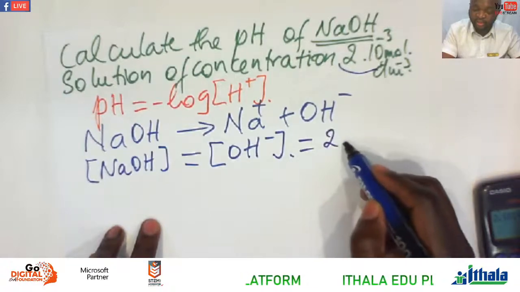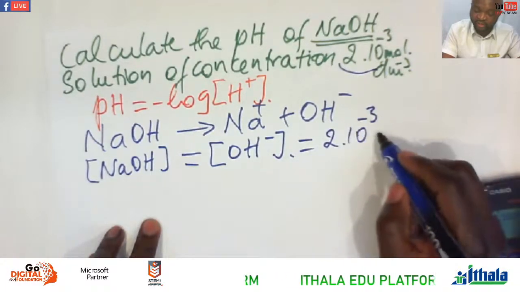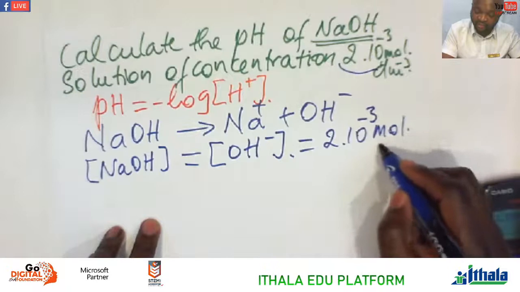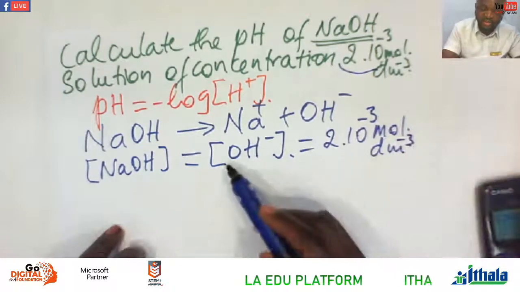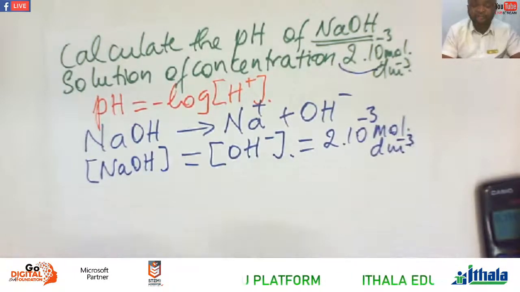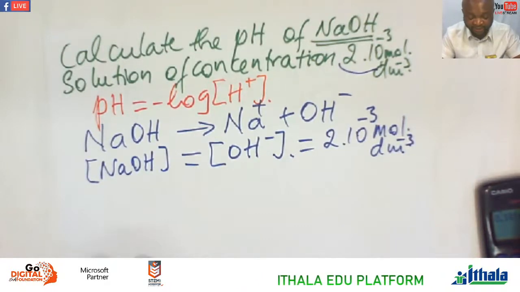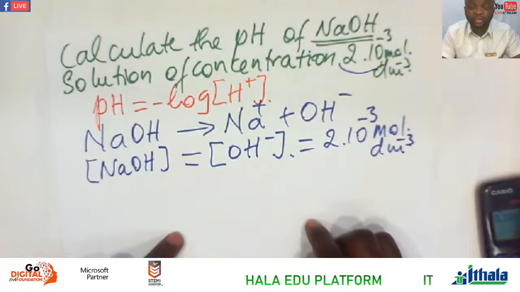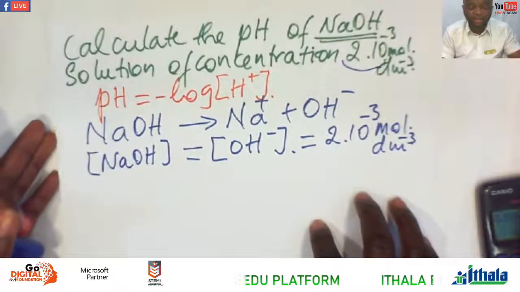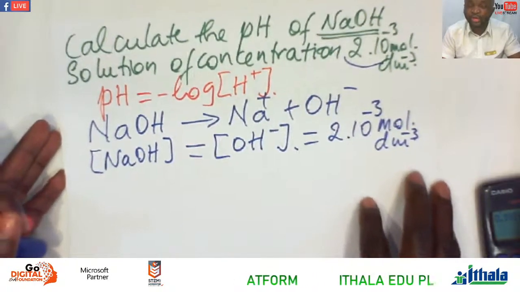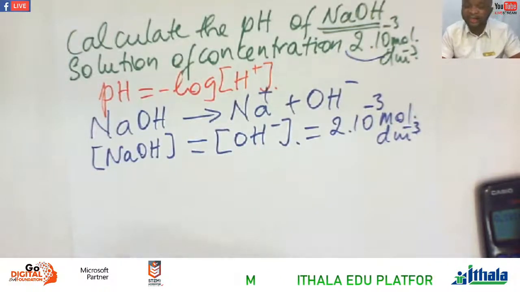So this will be 2 times 10 to the power negative 3 mole per decimeter cube. So sine concentration ka OH minus. Fanele sikhumbule ukuthi OH minus ungaskiphela bani OH plus. Remember ngesikhathi isicalculator i-concentration equilibrium constant for the auto ionization of water, the Kw.